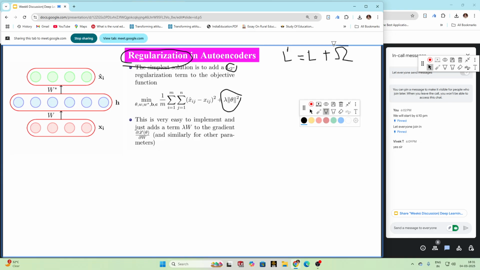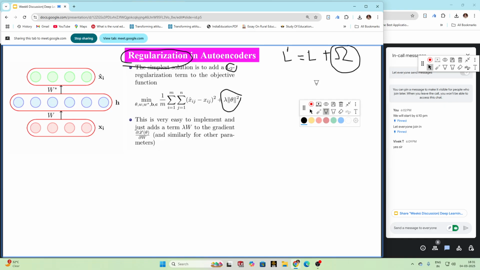Okay, so we are adding a term to our loss function so that the loss increases. What will happen if our loss increases? The idea is, if our loss increases, then the model will not perform so well on our training data, but whenever we give test data, it will not succumb to our training set.